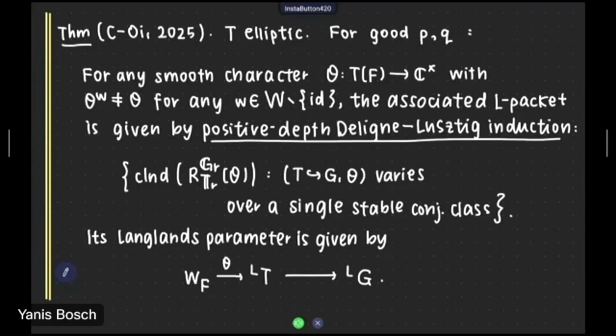This representation comes from this positive depth Deligne-Lusztig variety that I wrote down on the previous slide. Some comments: when R is equal to 0, this is a quite well-known story. So it's really the R positive case that's the new contribution of this theorem.